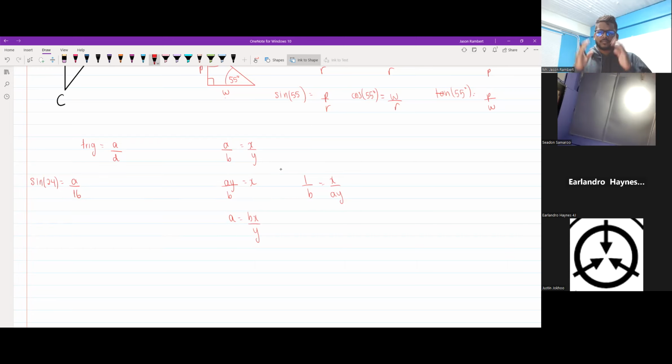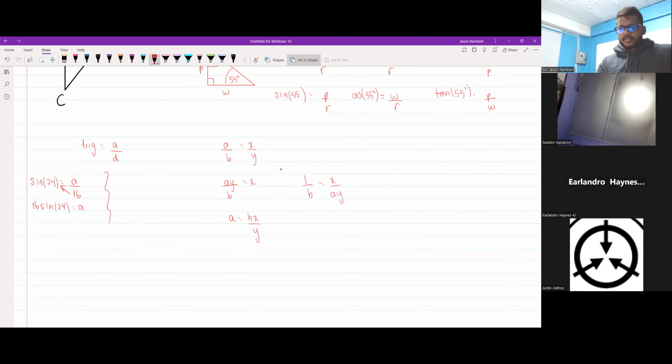I want to figure out what A is. So I could just send the 16 above and I get 16 sine 24 is equal to A. I did a little cross multiplication using only one of the crosses, and you're well within your right to do that.